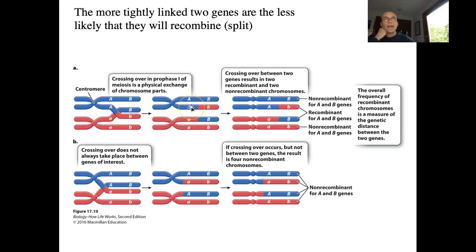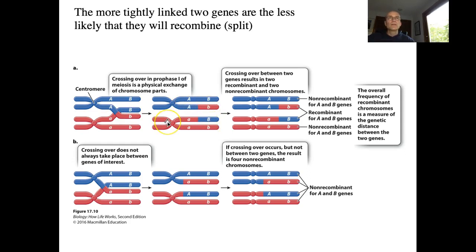It has a capital A here and a small b here, when it started out having the two dominant traits next to each other. Now it has a dominant and a recessive trait next to each other, and it swapped that with this other chromosome.